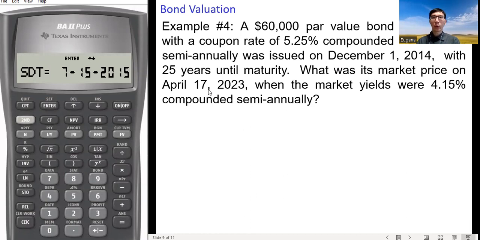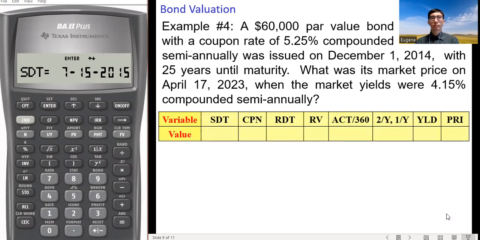And now in the question, we are asked about the market price, the PRI. Let's get the variables. The settlement date, April the 17th, 2023. So we key in 4.1723 as SDT.